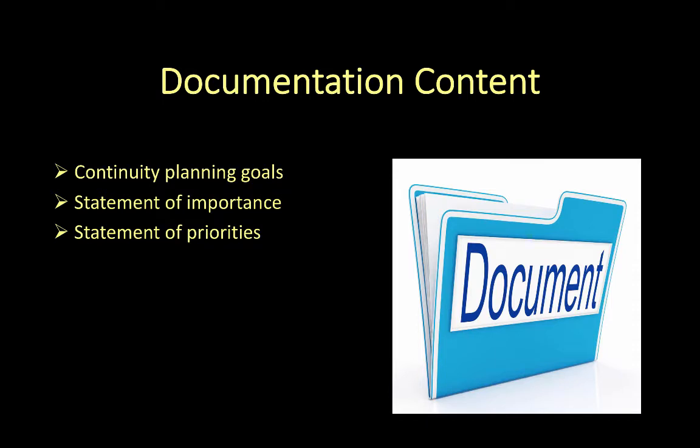A statement of priorities. During critical process identification and business impact analysis, the team prioritizes processes and related business continuity activities. This section should list all critical business processes listed by importance to the organization. Statement of urgency and timing.